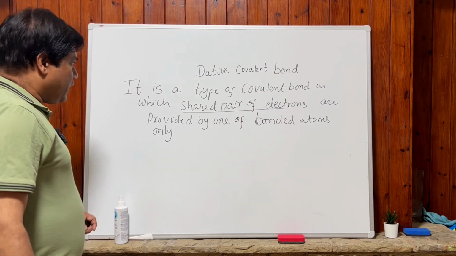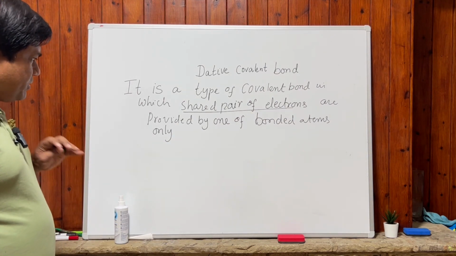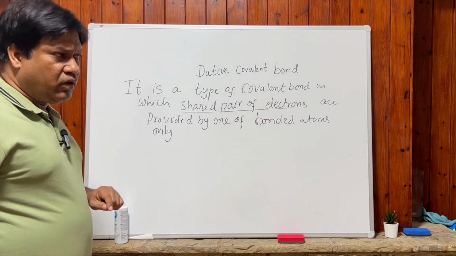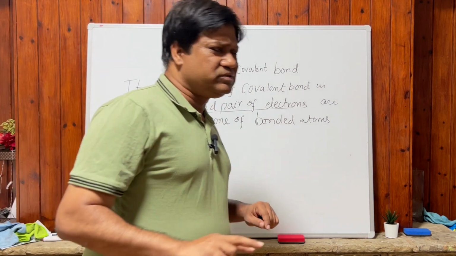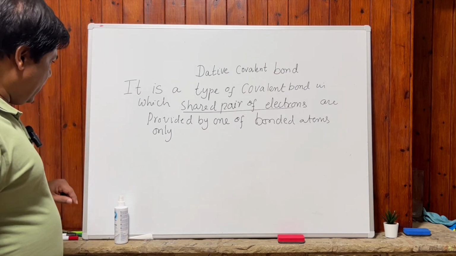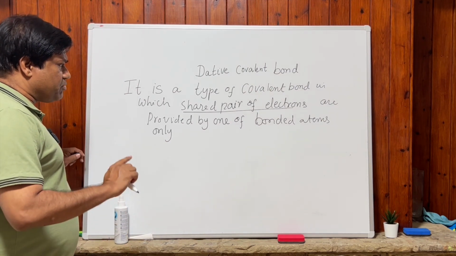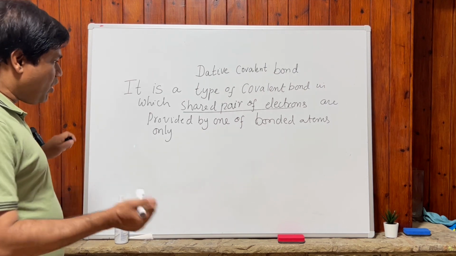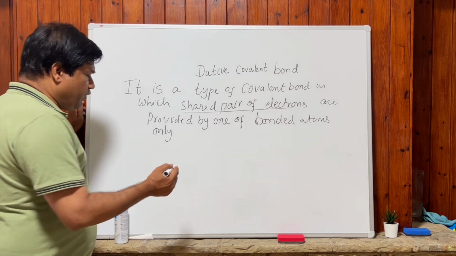Okay, guys. Let's see some examples of dative covalent bond. We have two examples: hydronium ion and ammonium ion. Let's do the first example of ammonium ion. How is a dative covalent bond written?